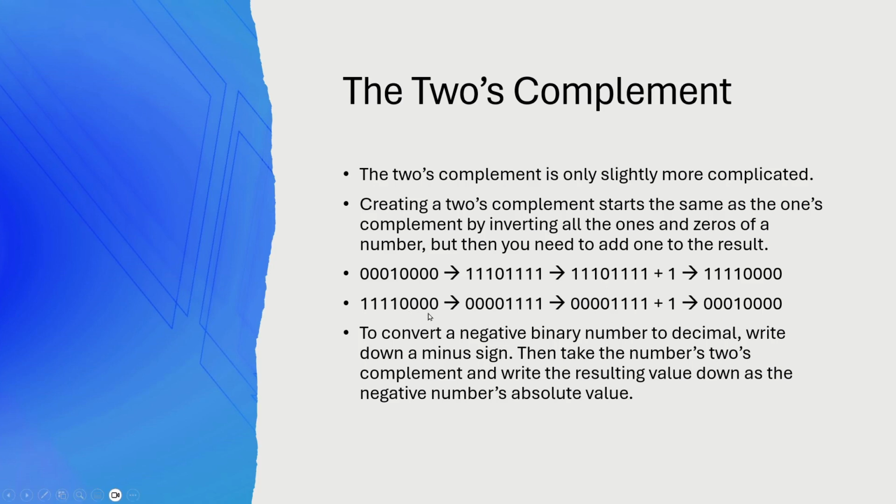So you write a minus down, and then take the number's 2's complement and write down the result after converting it to decimal as the absolute value for the negative number.